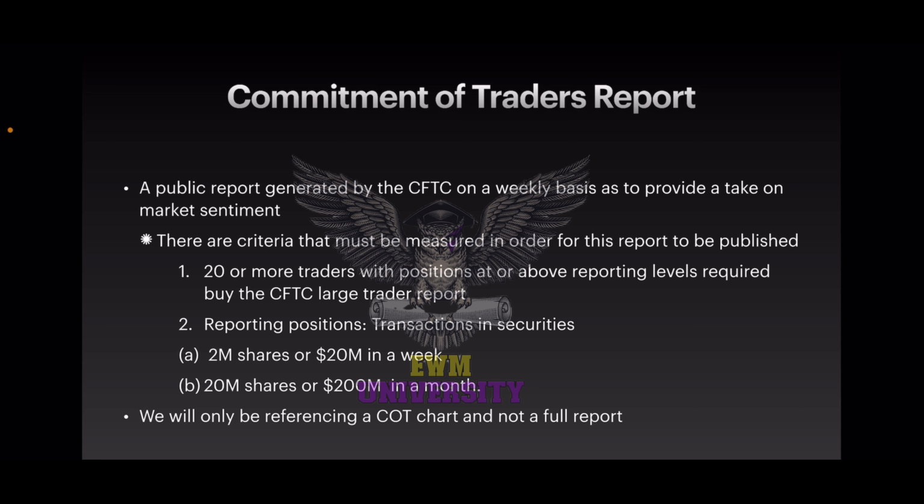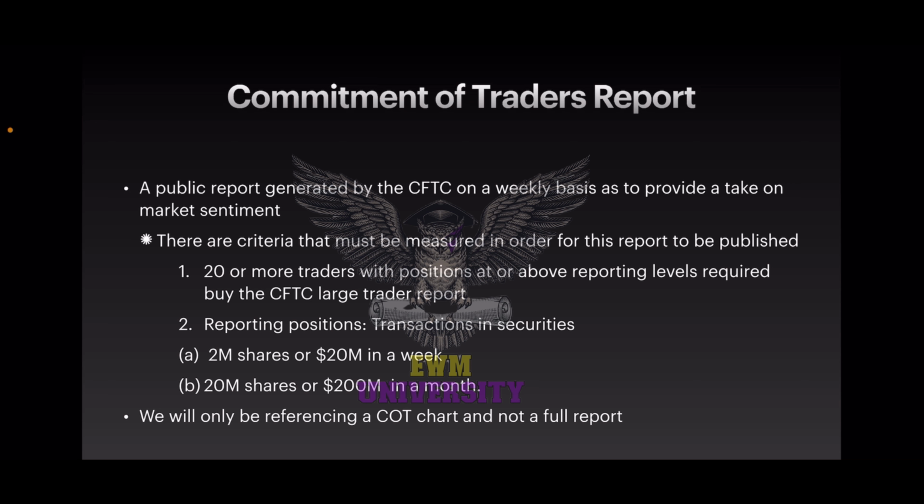This is public information that they report on a weekly basis, and specifically it comes out every Tuesday. They see more than 20 traders have positions in the market, meaning they have placed orders or transactions exceeding 2 million shares or $20 million within a week, or 20 million shares to $200 million within a month.